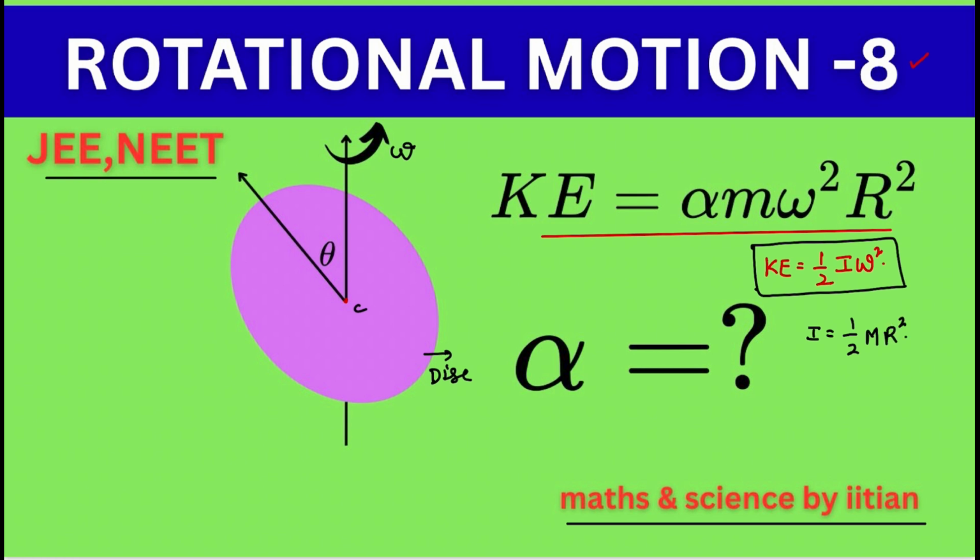If the axis of rotation is making an angle of theta with the axis of the disk, then what will be the effective moment of inertia? Here I will be the effective moment of inertia, depending upon the geometry of the shape of the rigid body, the geometry of the operation.